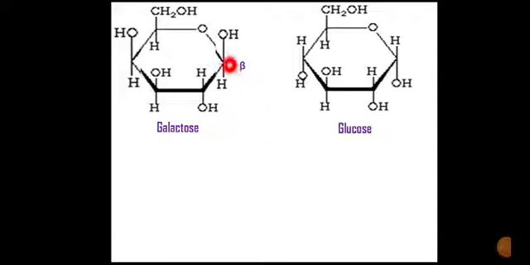Carbon number 1 from galactose and carbon number 4 from glucose, and therefore the linkage will be called a beta 1,4 linkage, and the compound will be called galactose beta 1,4 glucose, that is lactose.